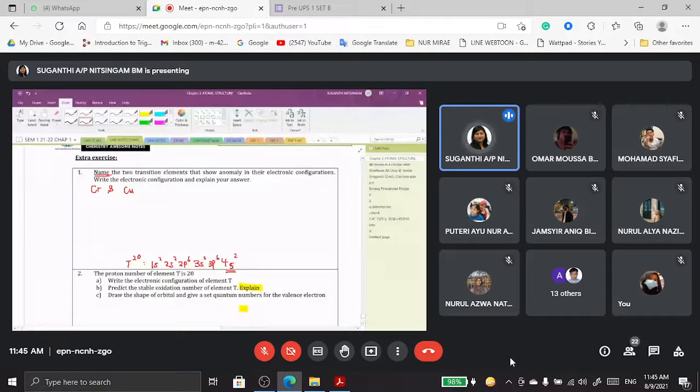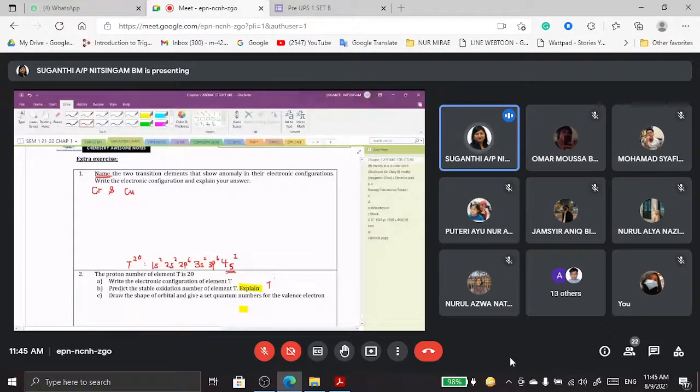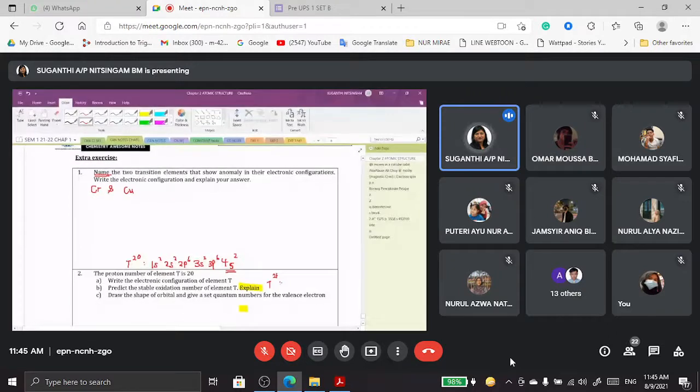So when you take out the 4s2, it becomes Ti2+. Bila dia Ti2+, so kamu tulis balik, dia tanya kamu, what is the stability? The stability of fully filled 3p orbital, which is also a noble gas configuration lah, which is argon lah kan.